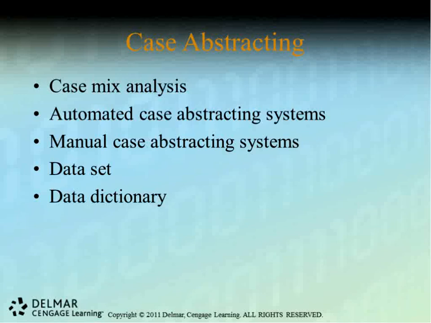And when you have this data set created, you're also going to have a need for a data dictionary. And a data dictionary is just what you know of as a dictionary. It defines things. So this data dictionary is going to define the elements that you're capturing in your data set.